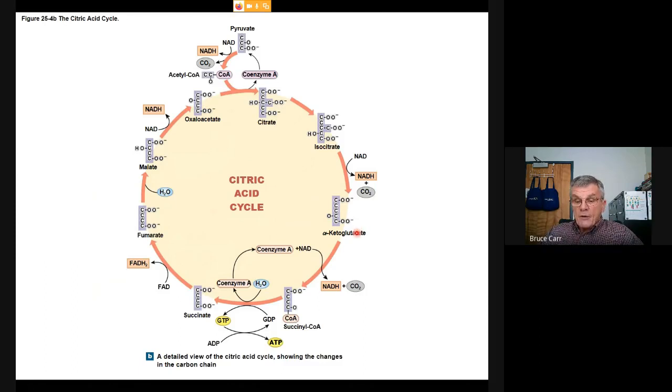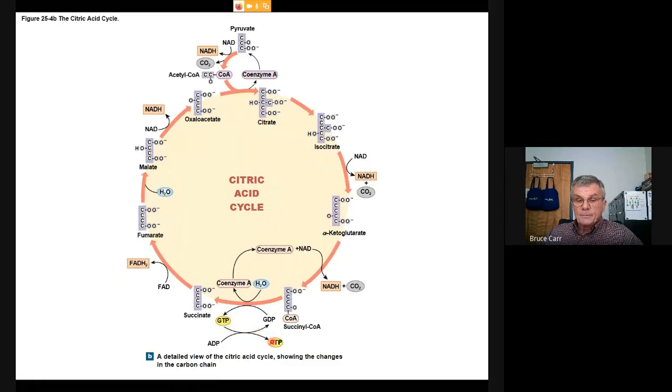The next step, alpha-ketoglutarate to succinyl-CoA, is basically an NAD with coenzyme A to NADH and CO2, another one of these steps to produce succinyl-CoA.